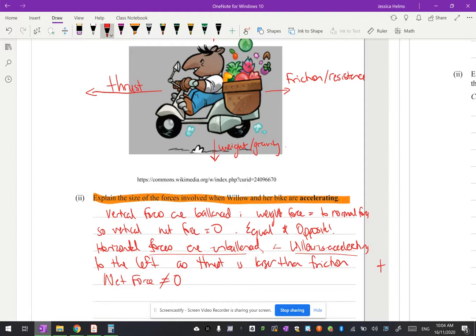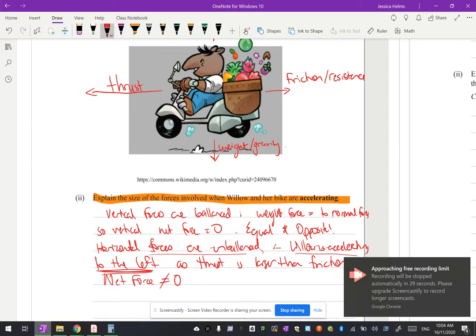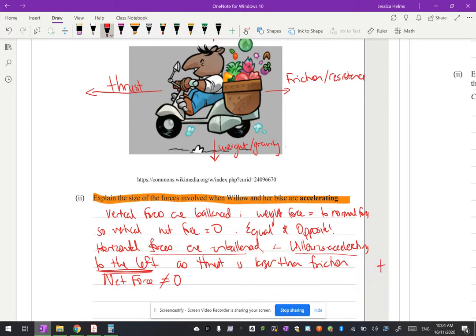And then you also need to have the direction of that, so to the left. So these three things are needed for the excellence. There's loads of marks that you can get for achieved and merit as well, but obviously we're all aiming to get the best. So good diagram, equal and opposite, unbalanced, therefore accelerating, and the direction of the acceleration.